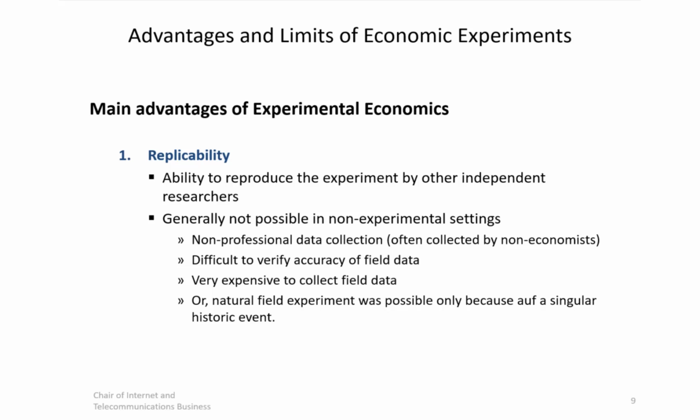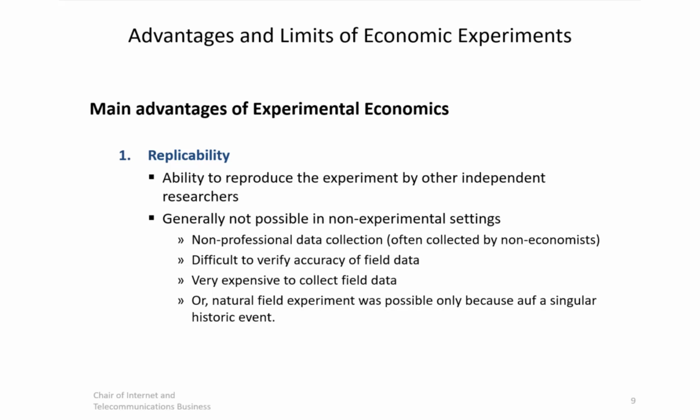So let's try to understand advantages and limits of economic experiments. So the main advantage of experimental economics is replicability. It is basically the ability to reproduce the experiment by other researchers, which is actually crucial to ensure that there is no other confounding effect, or whether the experiment has been done in good faith.